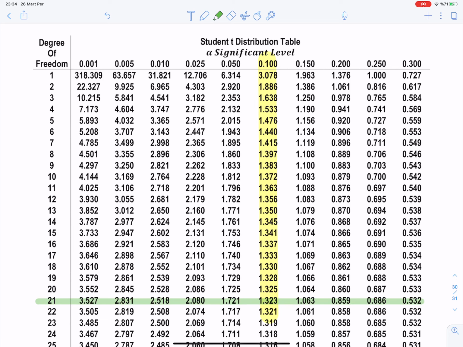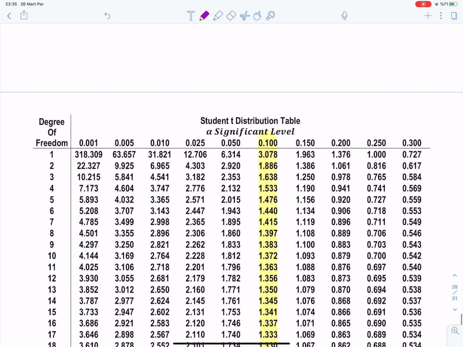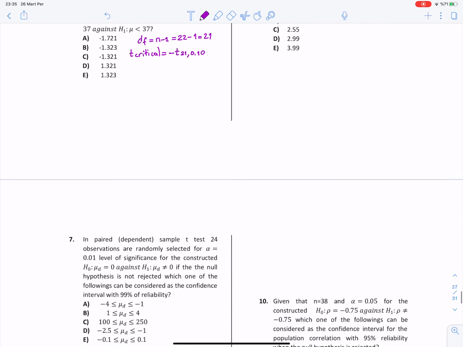Okay, so see that the intersection is 1.323. That's the answer, the critical value, but I need to get the negative sign too. So that's the critical value, 1.323.